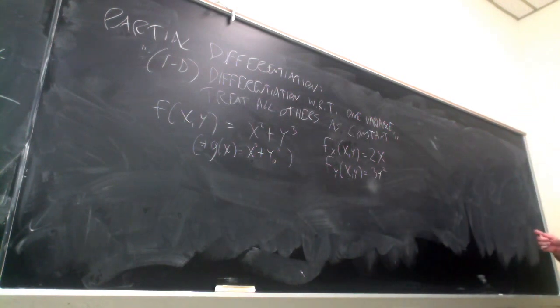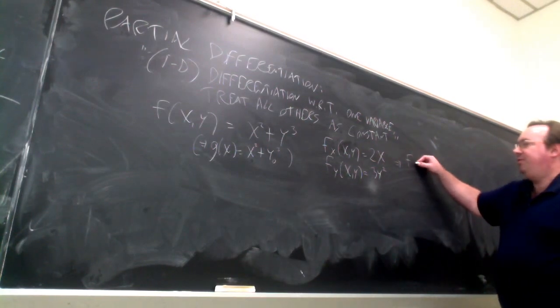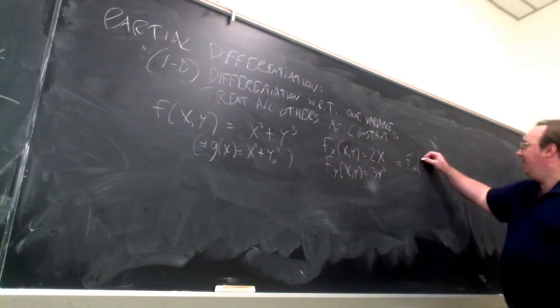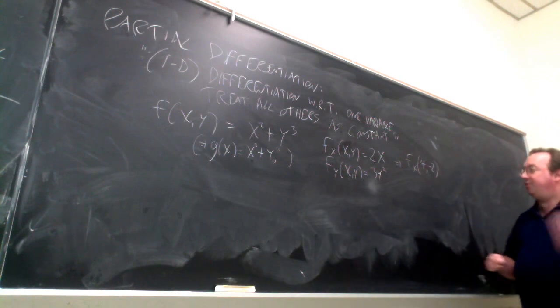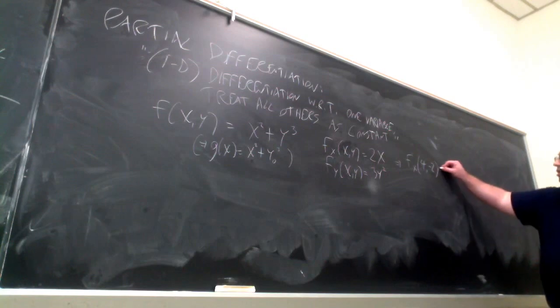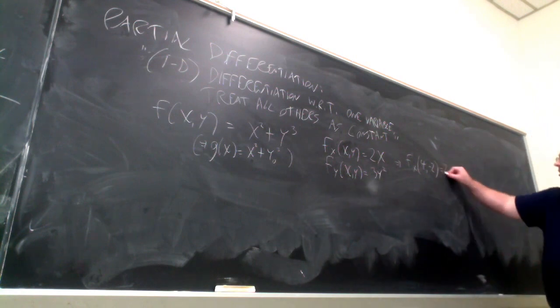So if I wanted to know the partial derivative with respect to x at a certain point, let's say x is 4 and y is minus 2, then it doesn't matter whether you take this derivative that you just computed, this 2x, and plug in only the x value.